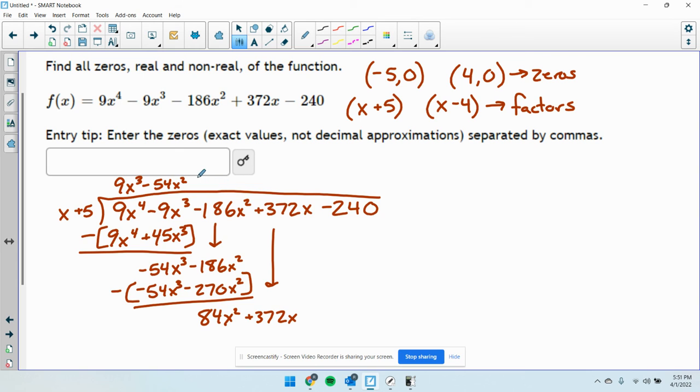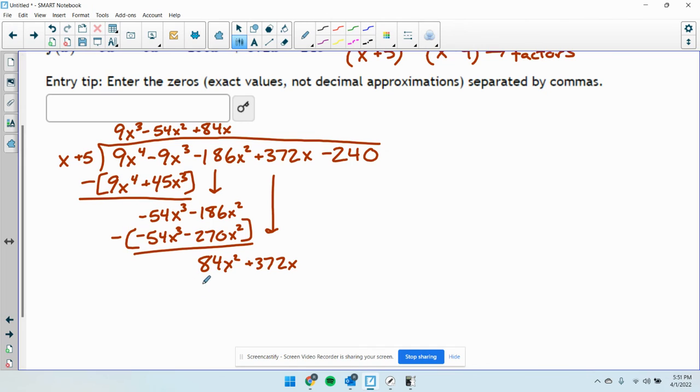So x times what gives me 84x squared? That's going to be 84x. Moving right along, we get 84x squared plus 84 times 5. That's 420x. Subtract again.